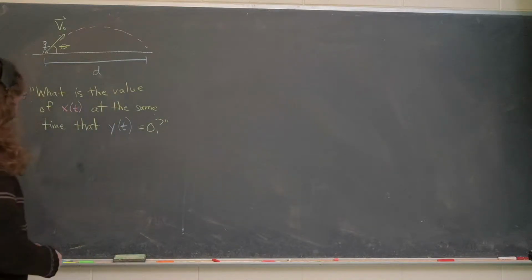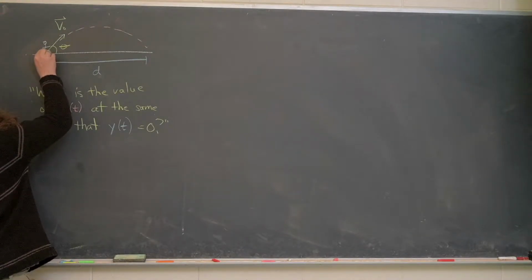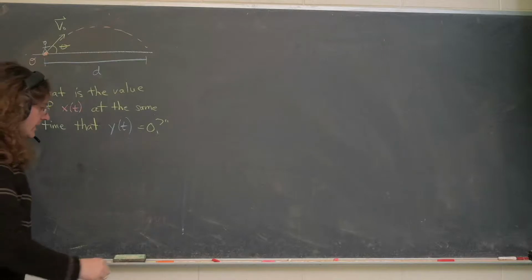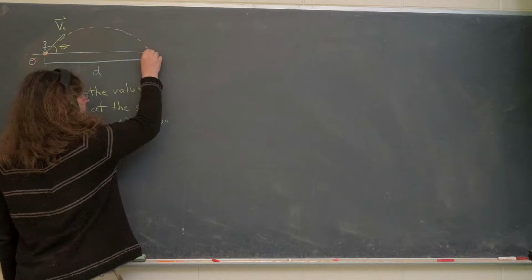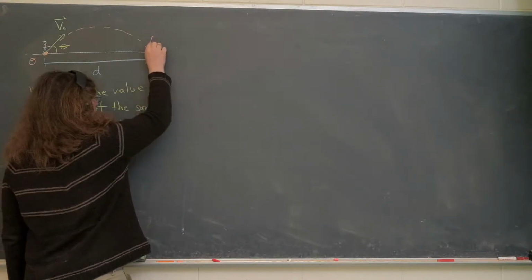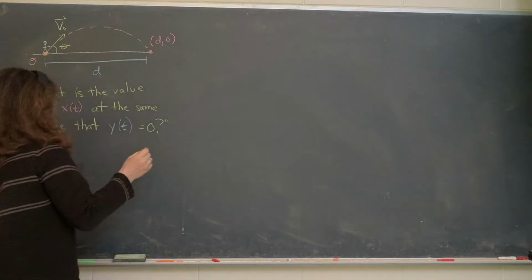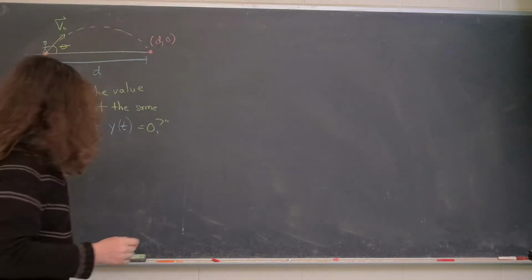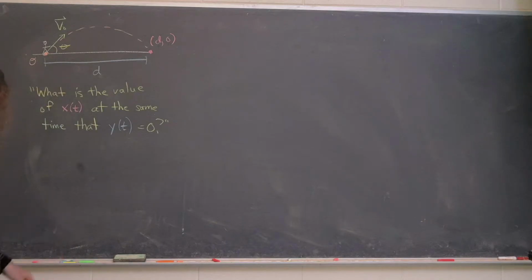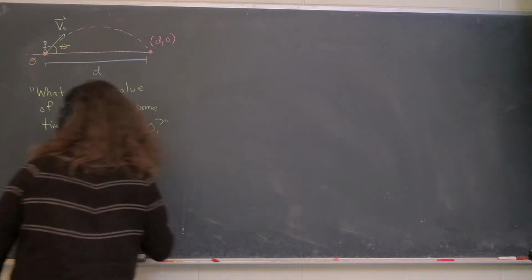Because I know that as the ball flies through the air, if I choose this point here to be my origin of coordinates, then as the ball goes up and comes back down, there's some moment in time when the ball reaches the point d, comma, 0. So I want the value of x at the time that y is 0. Well, all right. That tells me I need expressions for x of t and y of t. So let's write those down.